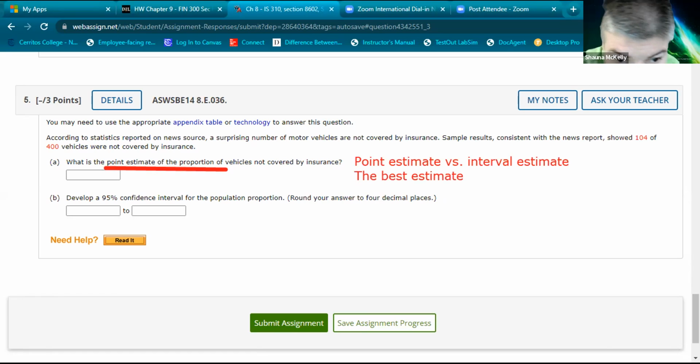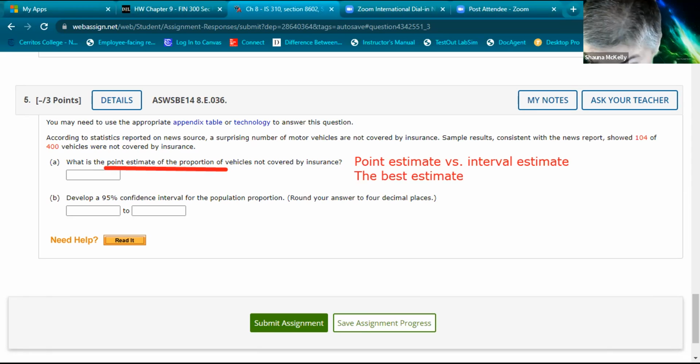We're doing a proportion. We're doing a point estimate for the proportion. So the best point estimate for a population proportion is a sample proportion.